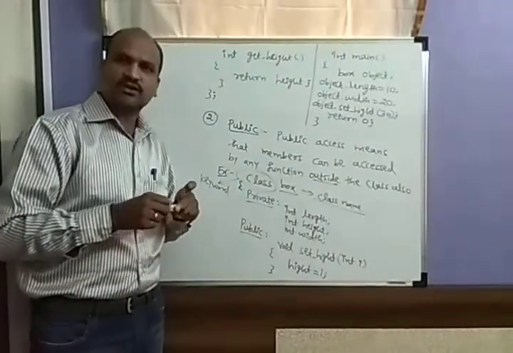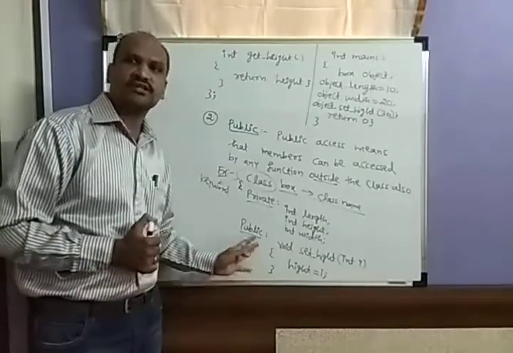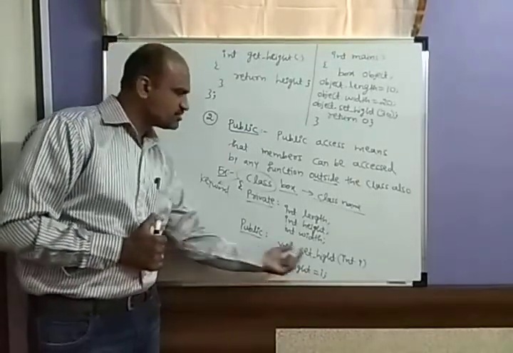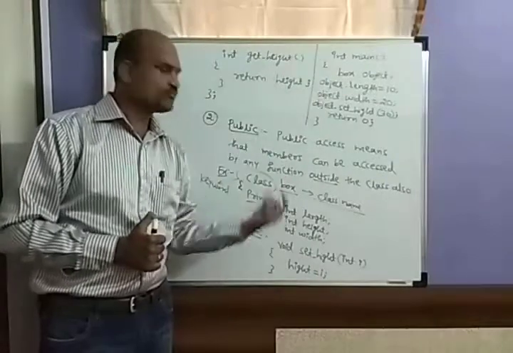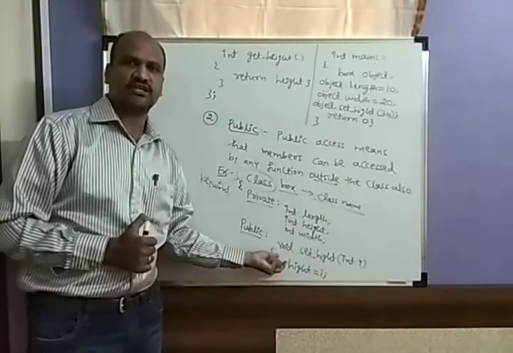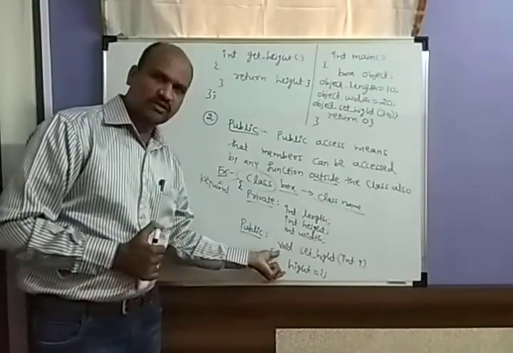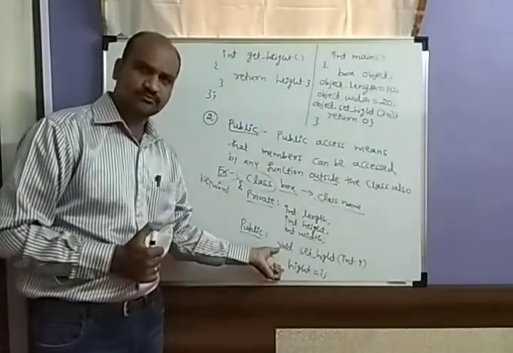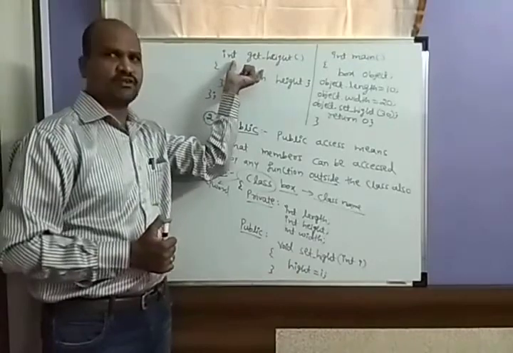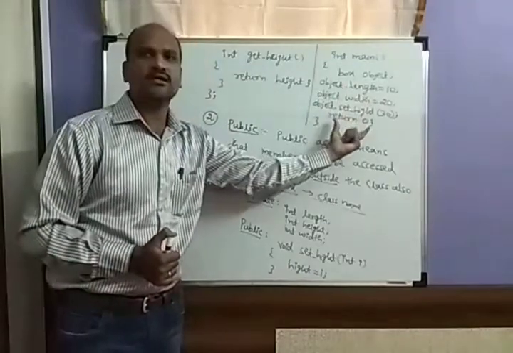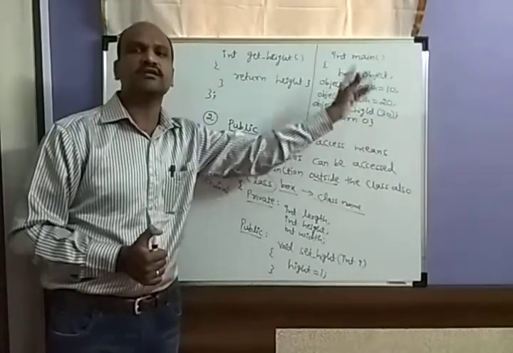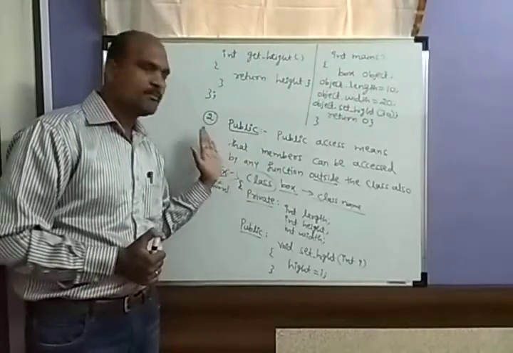Here you have written inside the class only. Just define this and you can access it outside of the class. This function can be accessed outside of the class also. This is one function, this is another function, which are accessed in the main function by creating an object.